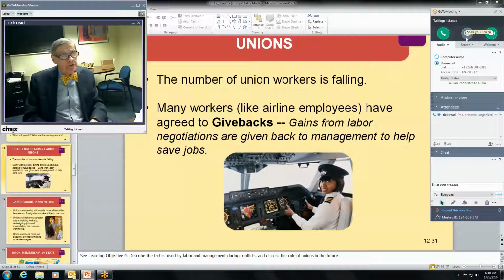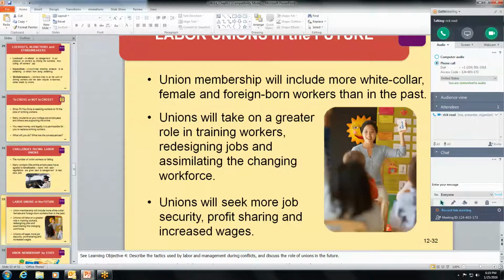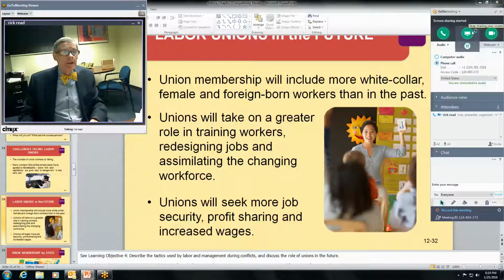And there was an initiative on the West Coast to unionize graduate assistants. Unions have given back. They gave back during the problems with the auto industry a few years ago, and they've continued to do that. And in union membership, notice more white collar, continued training, and obviously seeking more job security, etc.